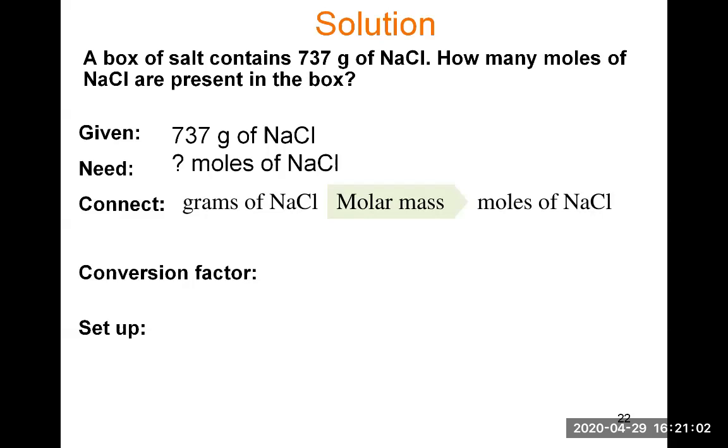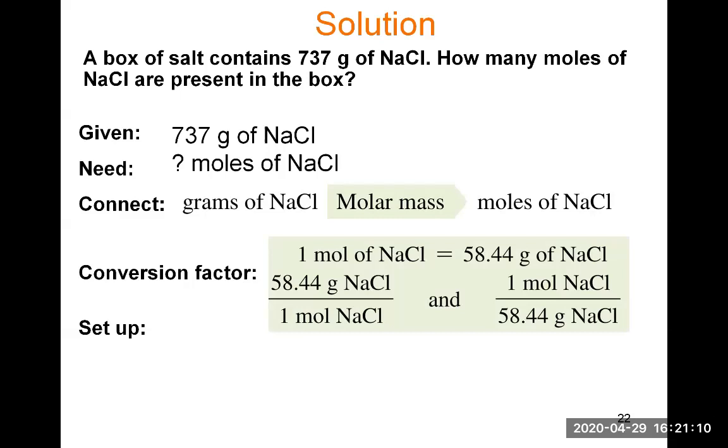So molar mass of Na is 22.99 and chlorine is 35.45. When you add them together, 1 mole of NaCl has a mass of 58.44 grams of NaCl.